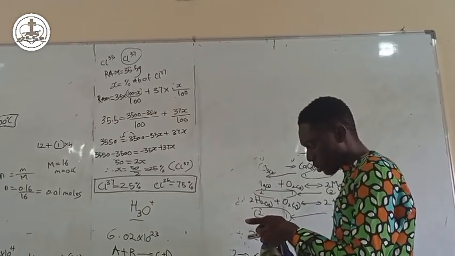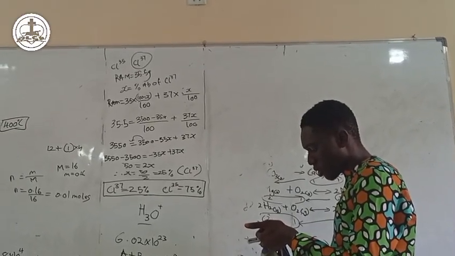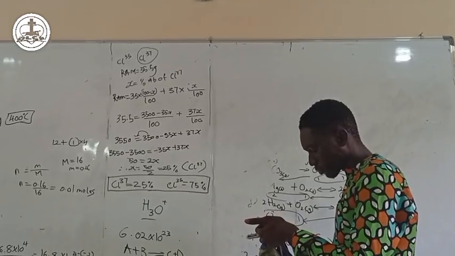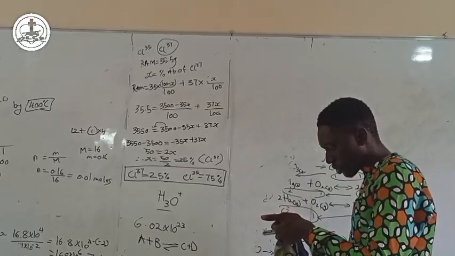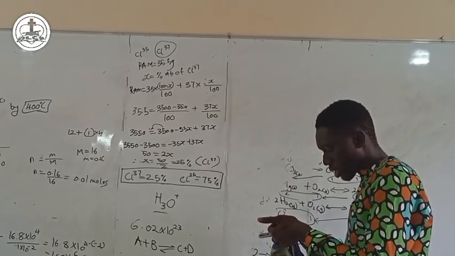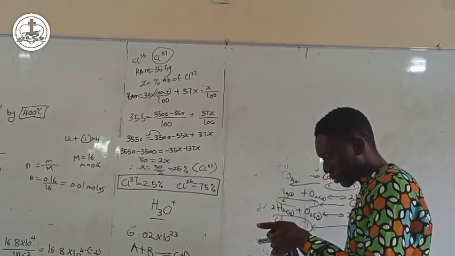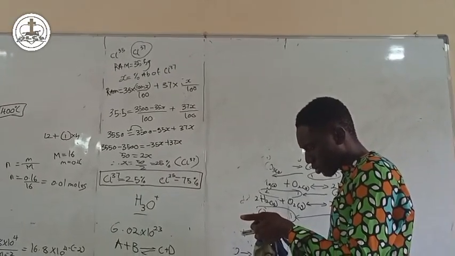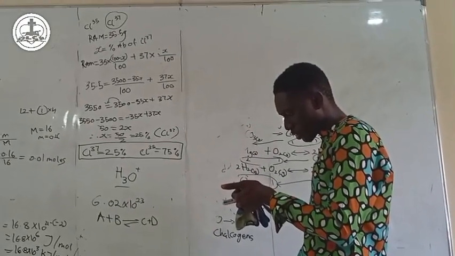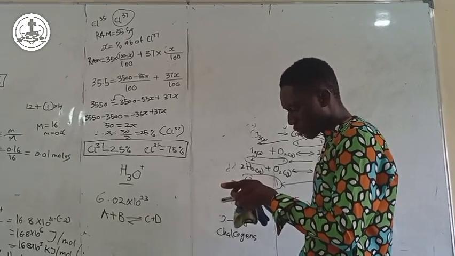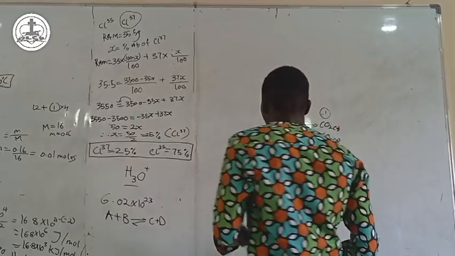B, increase in temperature, addition of catalyst, decrease in surface area of the reactant. C, increase in temperature, increase in concentration, addition of the catalyst, and increase in surface area of the reactant. D, decrease in temperature, concentration, and surface area of reactant. E, addition of catalyst in the presence of light. So the answer is C.